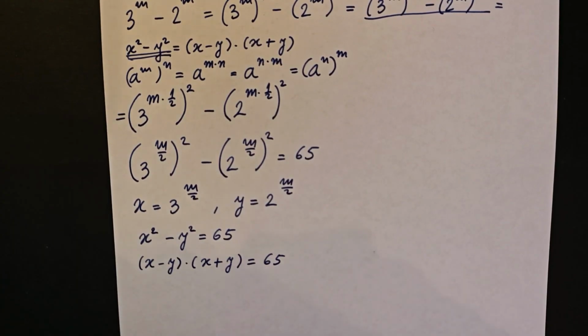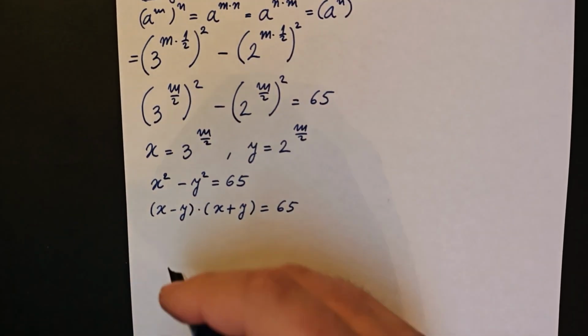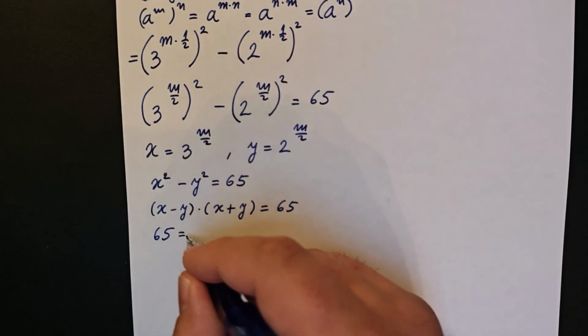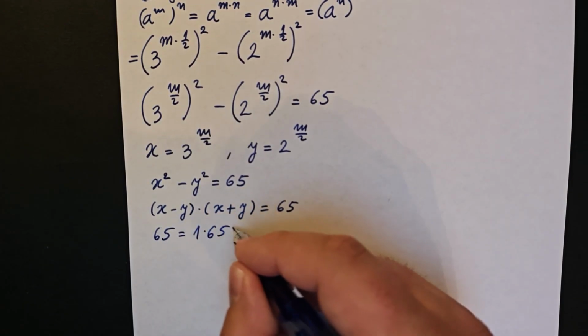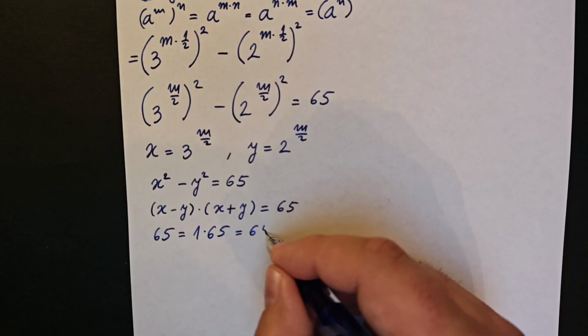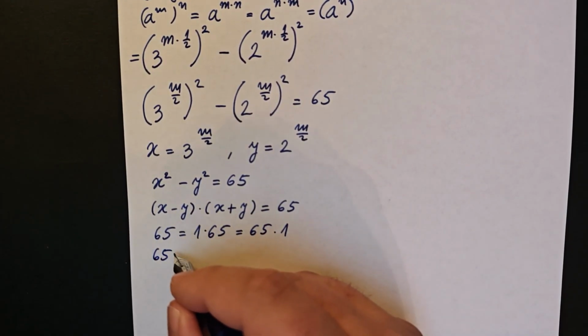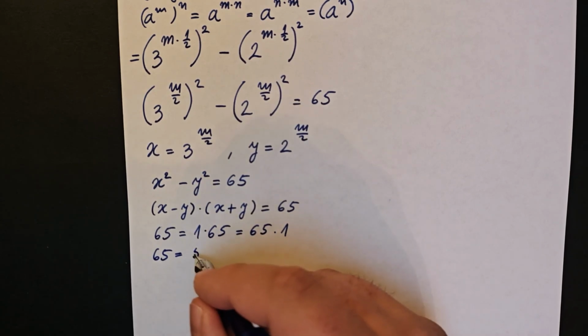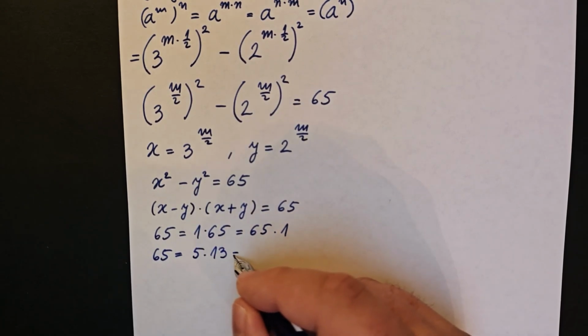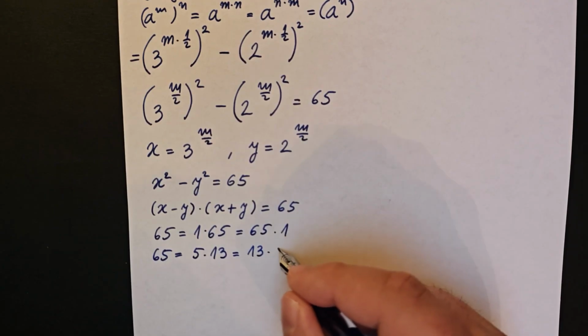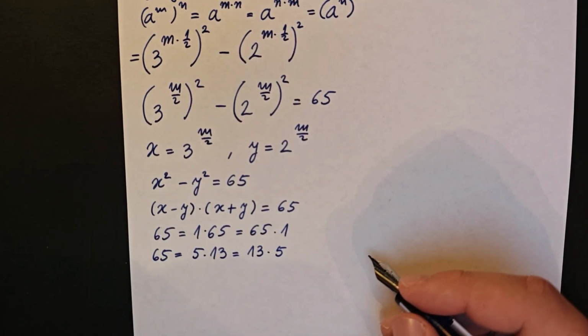The game now is to find all the ways how we can write the number 65 as a product of two integers. So 65 can be written as 1 multiplied by 65 and 65 multiplied by 1. 65 can also be written as 5 multiplied by 13 or 13 multiplied by 5.